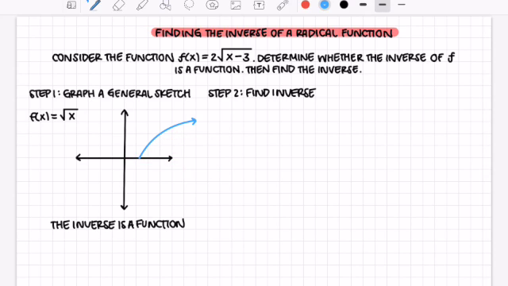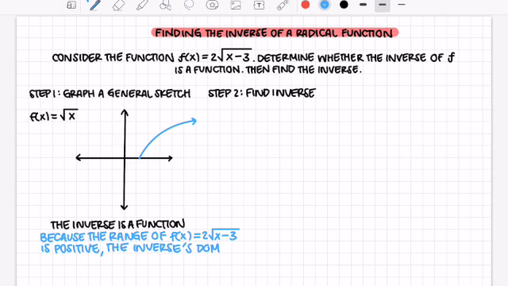So I'll write over here, because the range of f of x equals 2 square root of x minus 3 is positive, the inverse domain has to be positive.